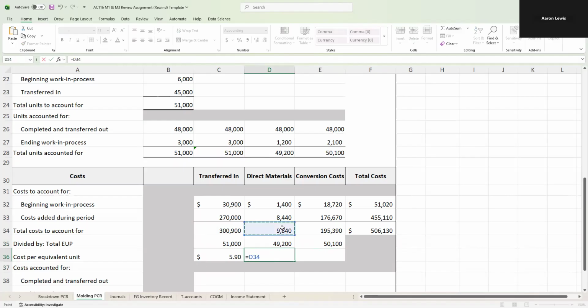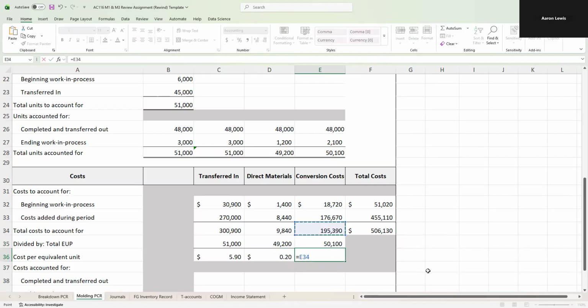Same thing for materials. We spent $9,840 worth of materials costs that are unique to the molding department during the period. That's enough to make 49,200 bins. Therefore, each bin costs us 20 cents in materials to mold from recycled plastic into a finished bin.